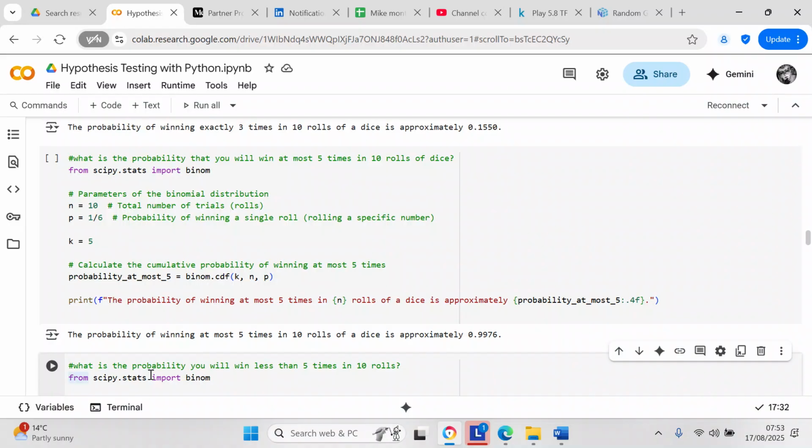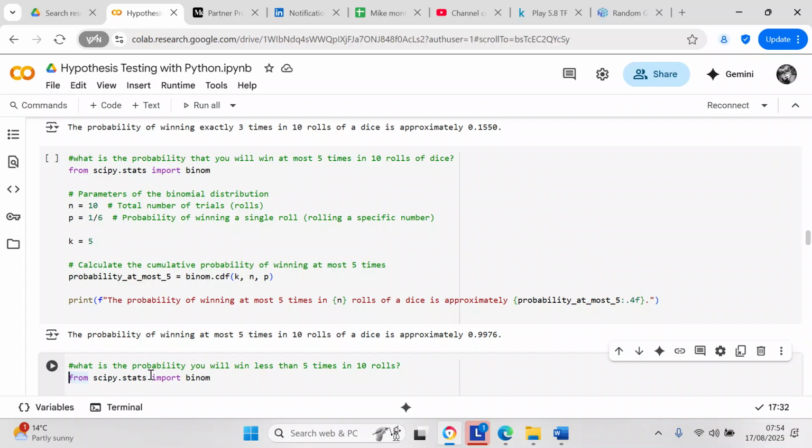We're going to calculate the cumulative probability of winning at most 5 times. So probability at most 5 times equals binom.cdf, that's cumulative distribution function, brackets, k equals 5, comma, n equals 10, comma, p equals 1/6. Then you print the probability of winning at most 5 times in n rolls of dice is approximately the probability at most 5. And that's 0.9976.